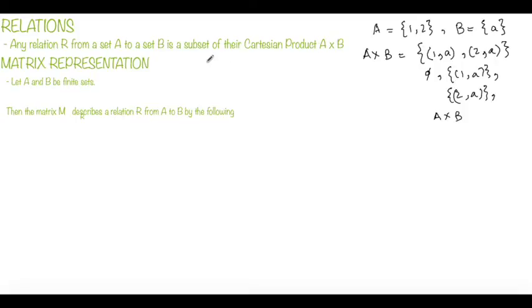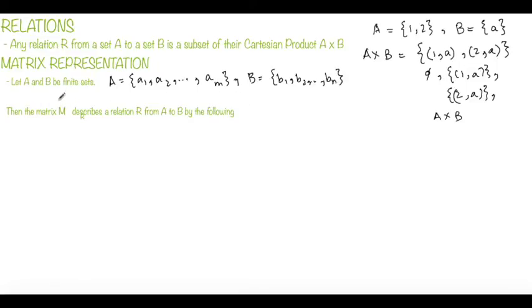Okay, now what we want to do is have a matrix representation. Let's say we have a finite set A = {A1, A2, up to Am}, and B is, let's say, {B1, B2, up to Bn}.